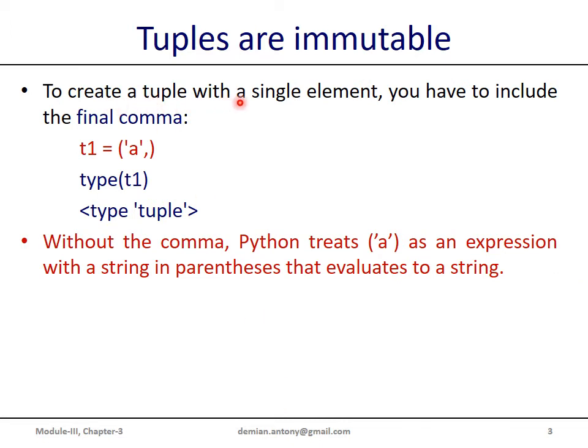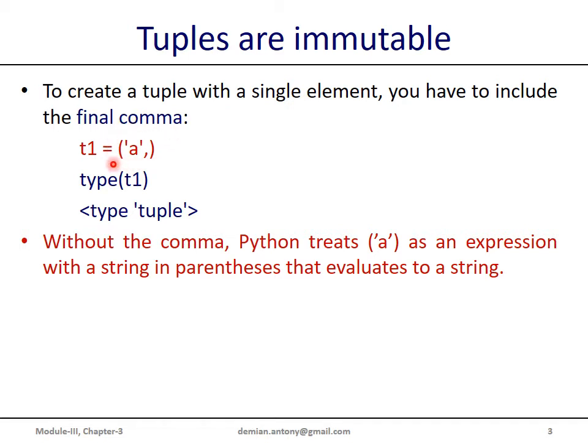To create a tuple with a single element, you have to include a final comma. This is compulsory. For example, if you want to create a tuple t1 with one element and you just write a in parentheses, then it is considered as an expression with the value a.